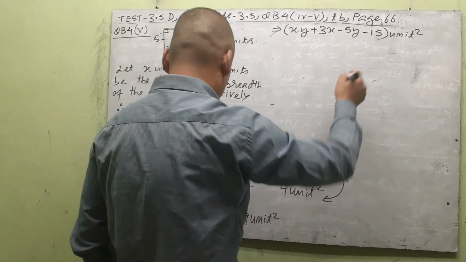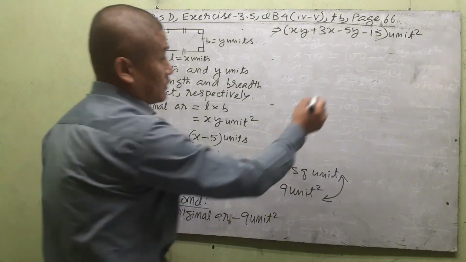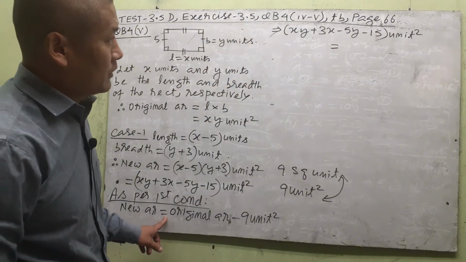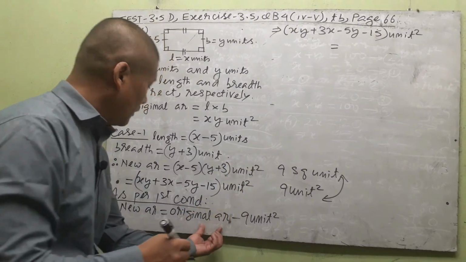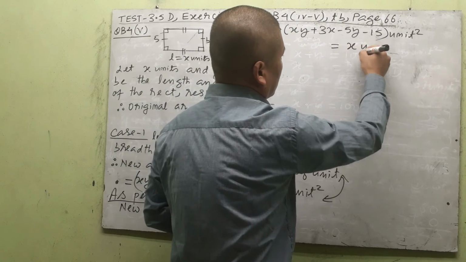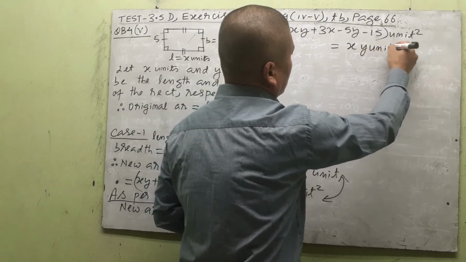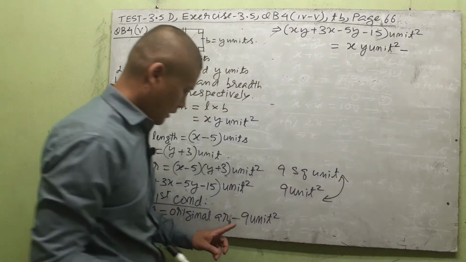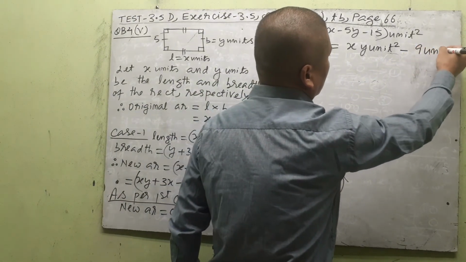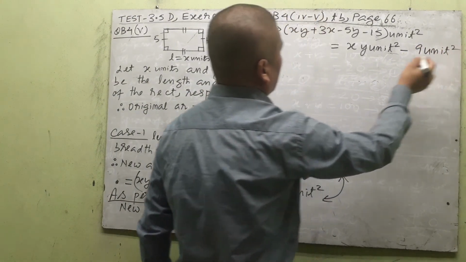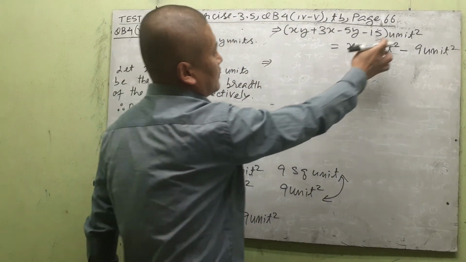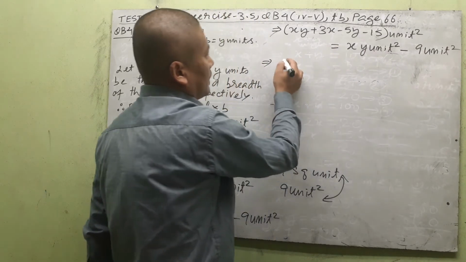This is equal to the original area, which is xy unit square, minus 9 unit square. So we can just do like this to remove this unit square.